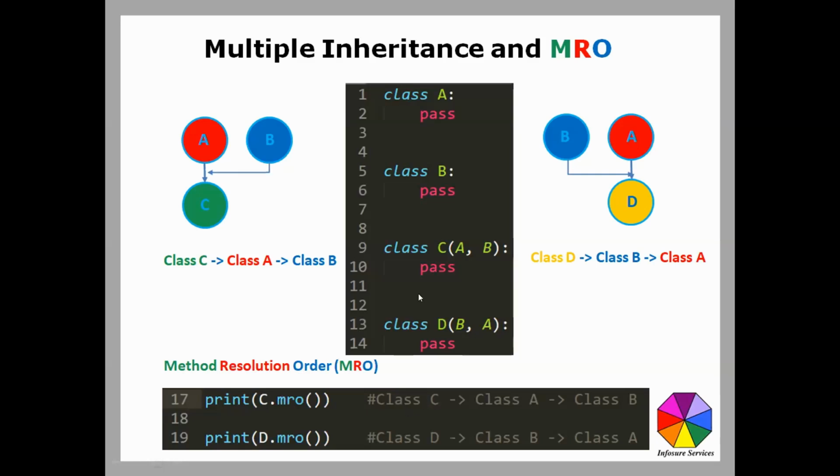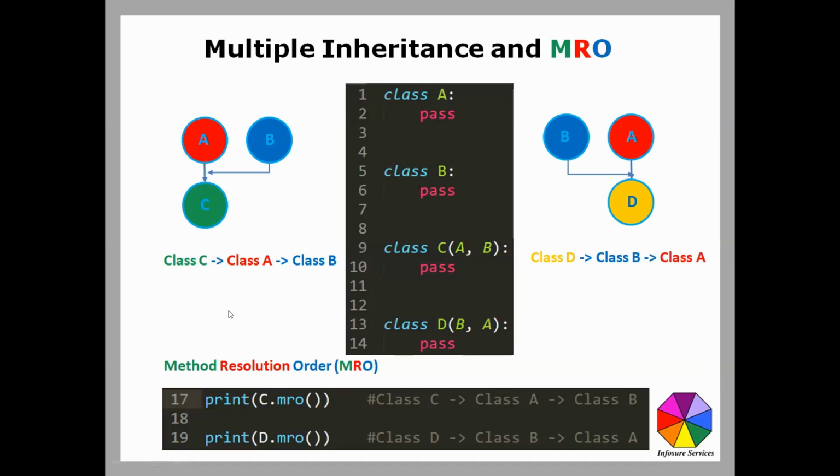The order in which it is inheriting is from left to right, A first and then B. That means it will search for the method in class A, then look for class B. Class D goes class B and then class A. So the order is from left to right: it looks for the function coded in class B first, and then it goes into class A. That's called an MRO.